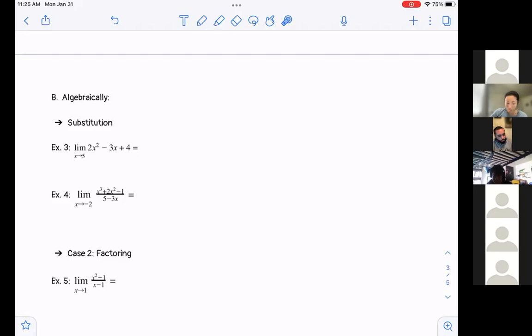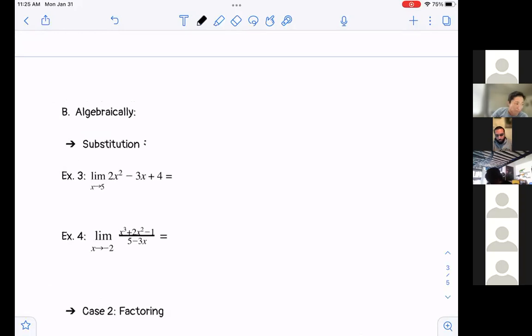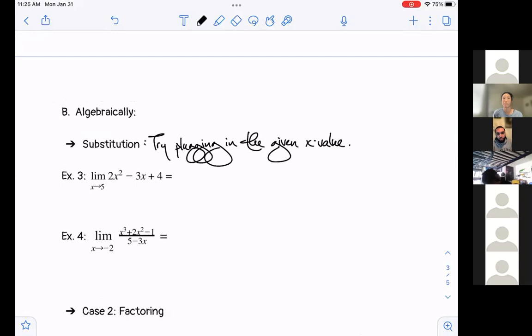All substitution means is when you see a question, and we're going to focus on examples 3 and 4, you should try plugging in the given x value.